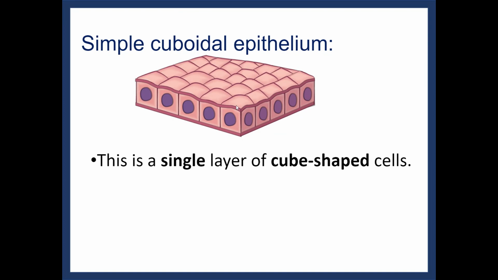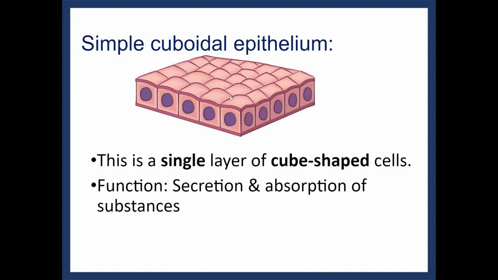But these cells have a different shape. They have a cube shape. The function of these cells is secretion and absorption of substances. So they secrete, they give off substances, and they can also absorb or take in substances.